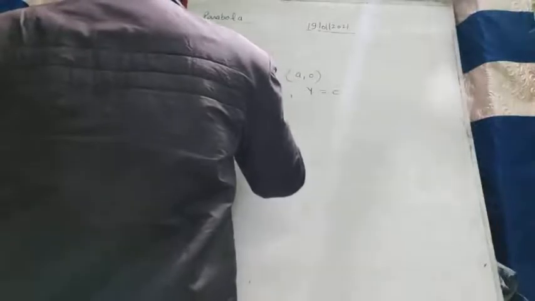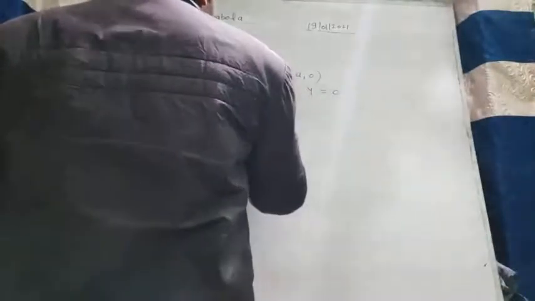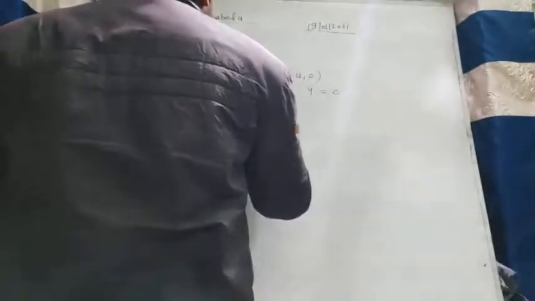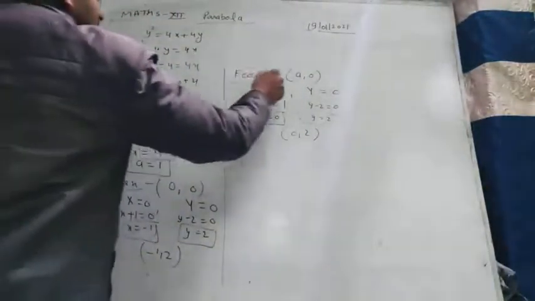Our X is x plus 1 and a is equal to 1, so x is equal to 0, and y minus 2 is equal to 0, so y is 2. So focus is 0, 2. Okay, student. This is our vertex and this is our focus.